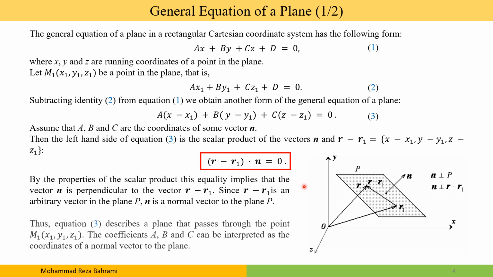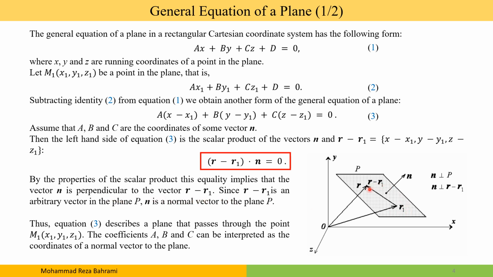As illustrated in this photo, by the properties of the scalar product, this equality implies that vector n is perpendicular to the vector r minus r1.